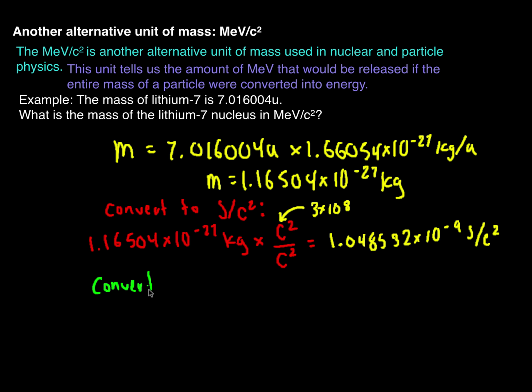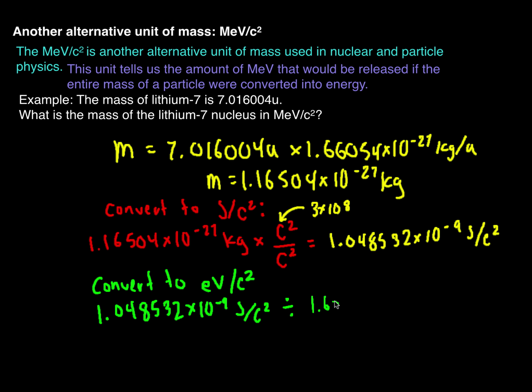Next, we convert these joules into electron volts to get electron volts per c squared. 1.048532 times 10 to the negative 9 joules per c squared divided by 1.6 times 10 to the negative 19 joules per electron volt gives us 655.3324846 electron volts per c squared.